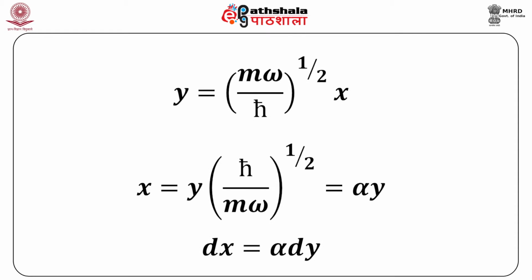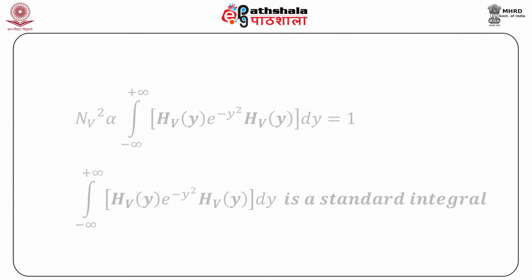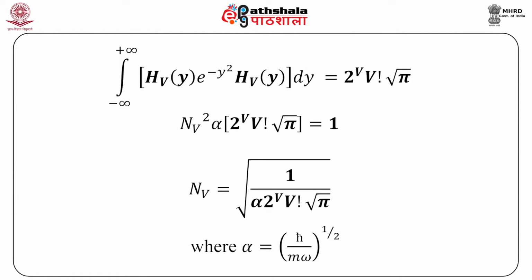If we solve this integral and make the appropriate substitutions which we had made earlier, ultimately using the standard integral, one can see that N_v, the general expression for the normalization constant, comes out to be 1 upon 2 to the power v factorial under root pi, and then whole square root, times alpha. This is a general expression. Here, as you can see, alpha is equal to h cross upon m omega under root.